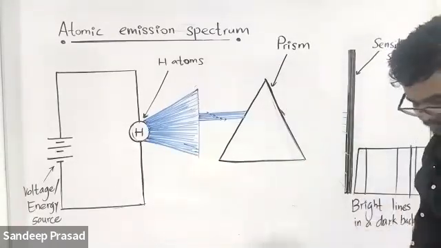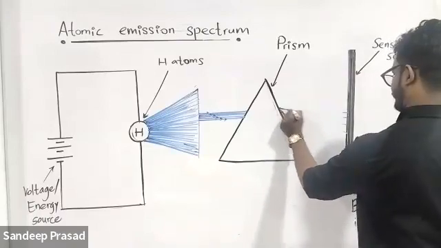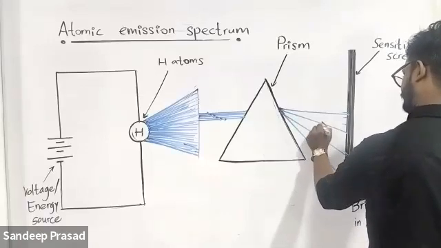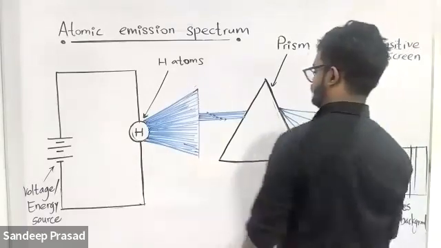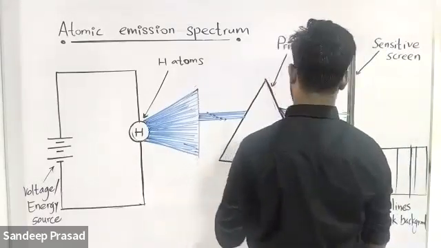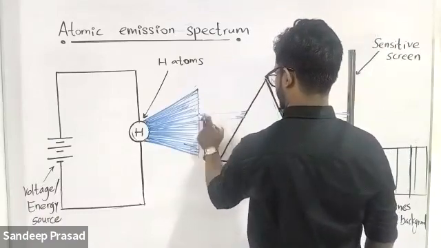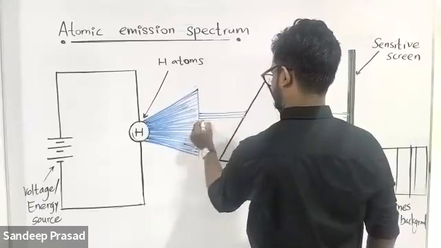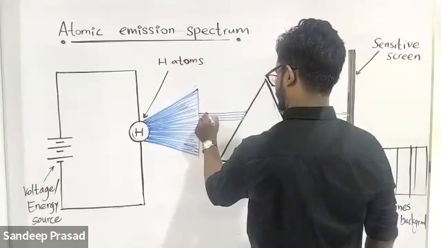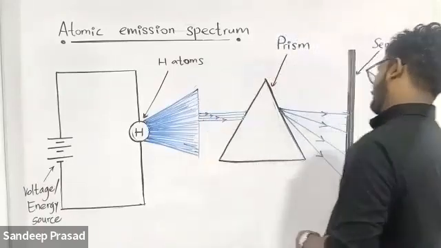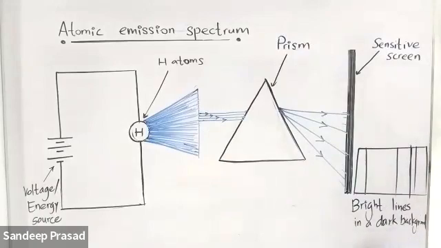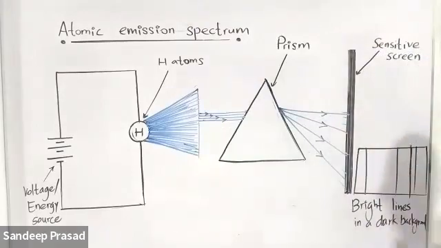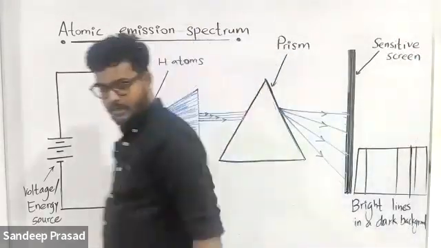That is possible because the bright lines are only 4. There are more than 4, but I have taken only 4 lines for my analysis. Now look at this diagram.